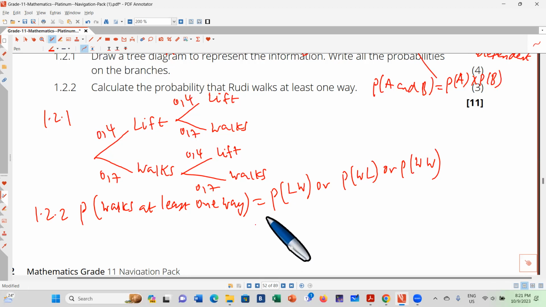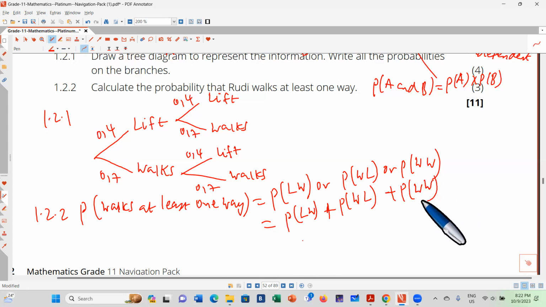So what is this? It is the probability of lift then walking, plus the probability of walking to school and then a lift back home, plus the probability of walking to school and walking back home. What is the probability of getting a lift to school and then walking back home?